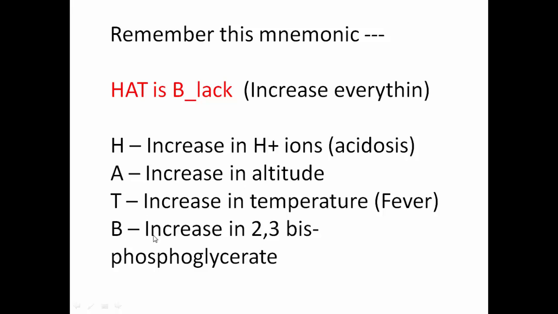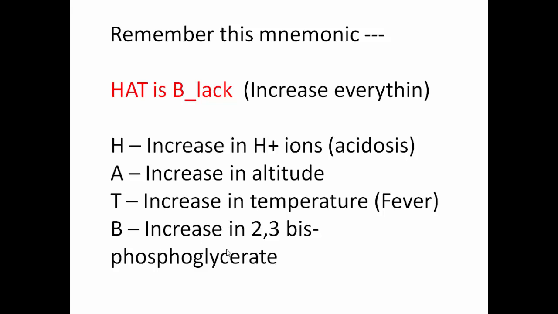And B is 2,3-bisphosphoglycerate. Increase in 2,3-bisphosphoglycerate will also shift the oxygen curve to the right. There is very less quantity of 2,3-bisphosphoglycerate in fetal hemoglobin, so you must make this logic that fetal hemoglobin will lead to left shift of the curve.